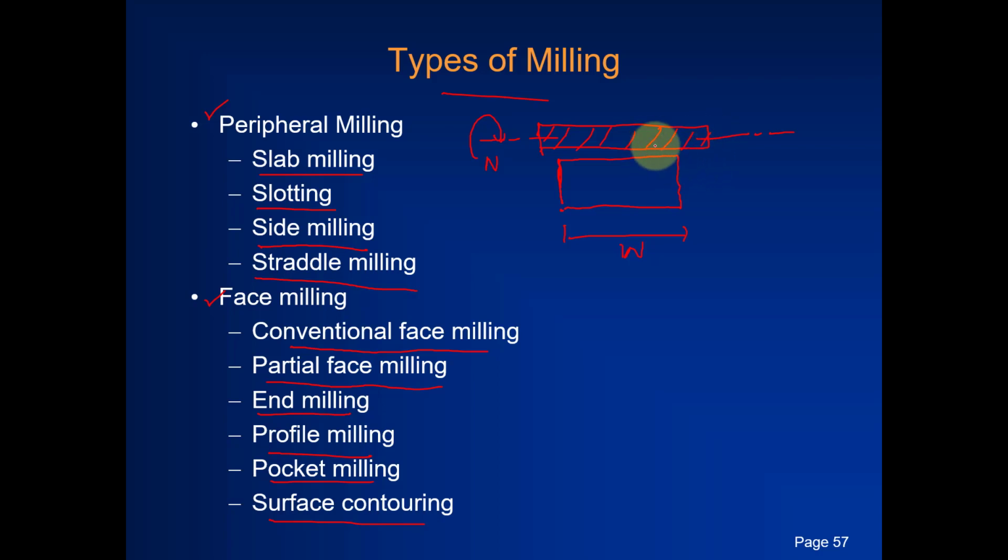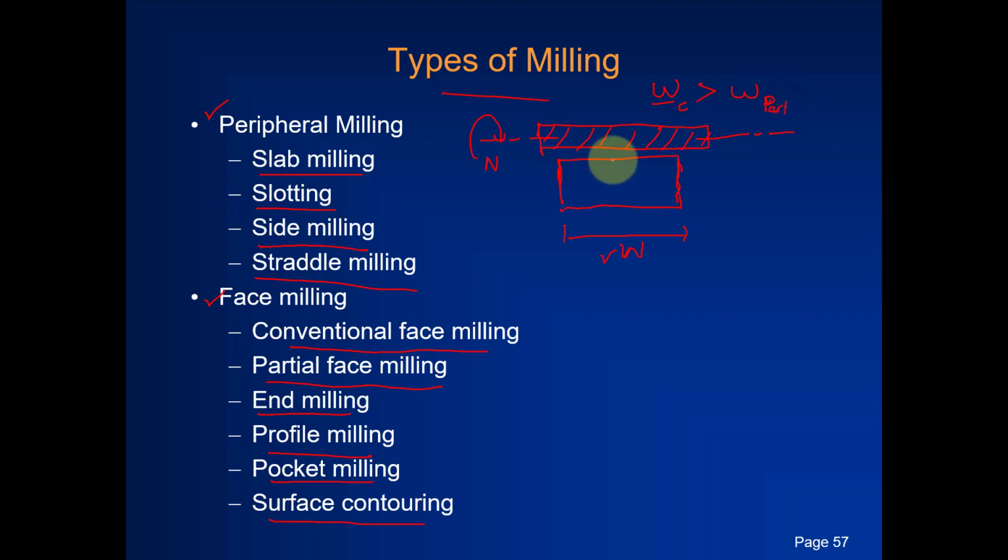In this figure, you can see that the width of the workpiece is less than the width of the cutter. Let W denote width, so Wc is the width of the cutter, which is greater than the width of the workpiece or part.